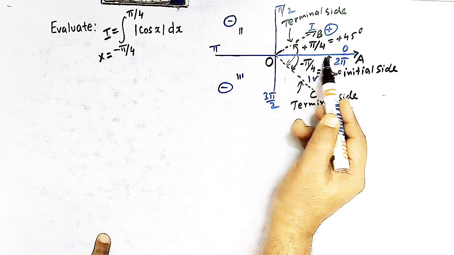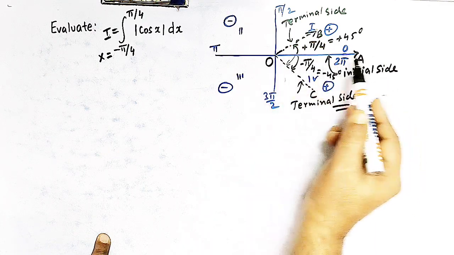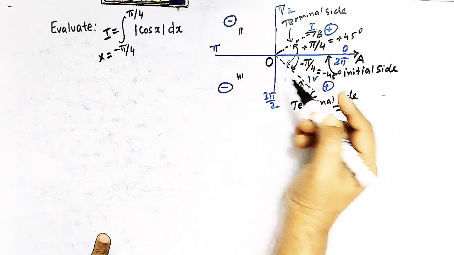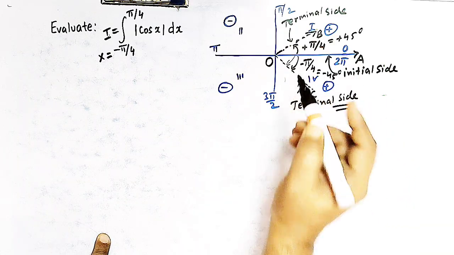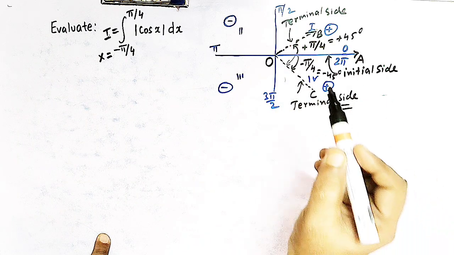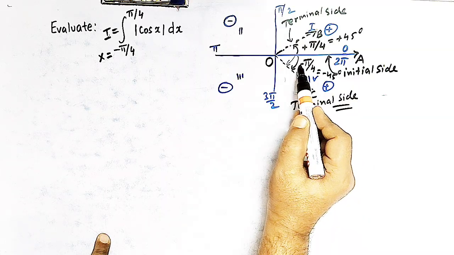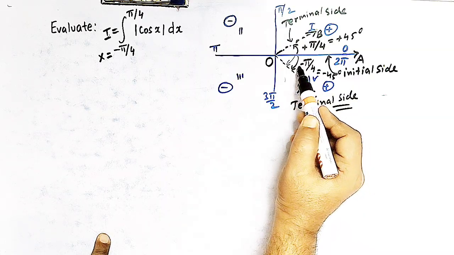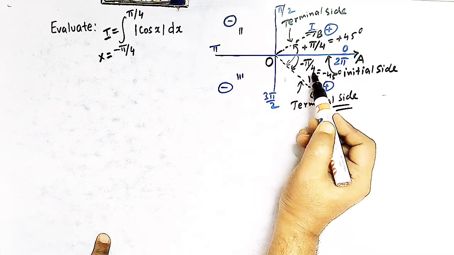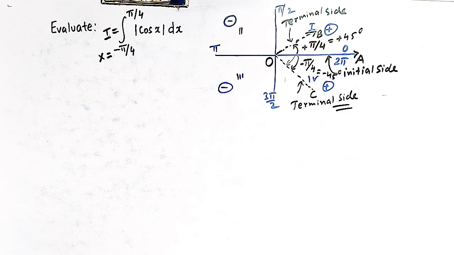And when we rotate this initial side OA in clockwise direction, and we form an angle of say 45 degrees, then here the sign of this angle is taken as negative pi by 4 or negative 45 degrees, right?